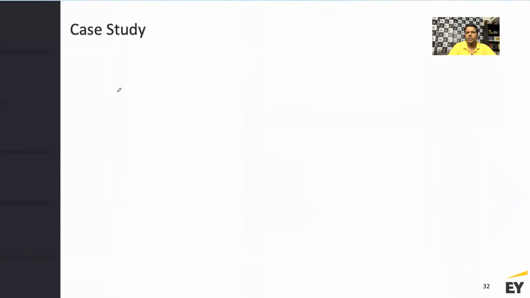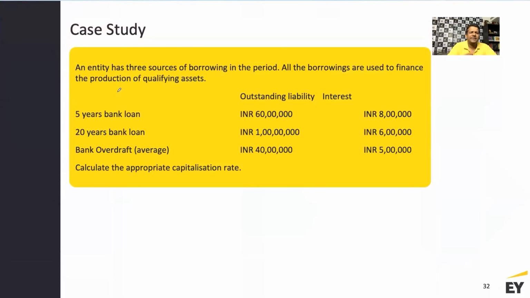And let's just try and do this with the help of a few examples. All right. So here in this example, you have an entity which has three sources of borrowing in the period. All the borrowings are used to finance the production of a qualifying asset, right? So my outstanding liability is 60 lakhs.